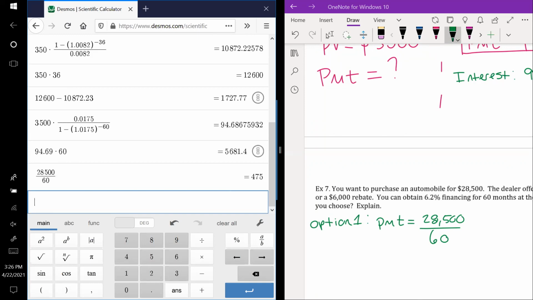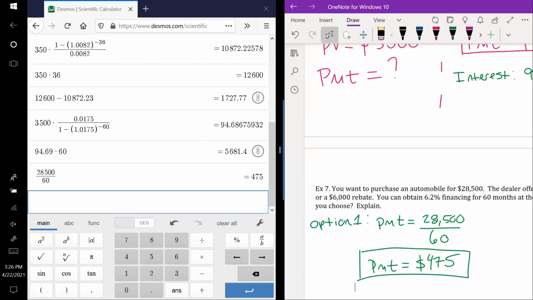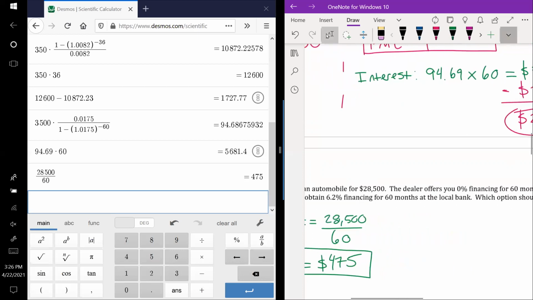And if we choose this 0% interest, our payment will be $475. That's option 1.